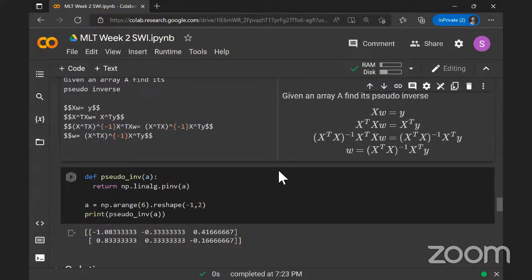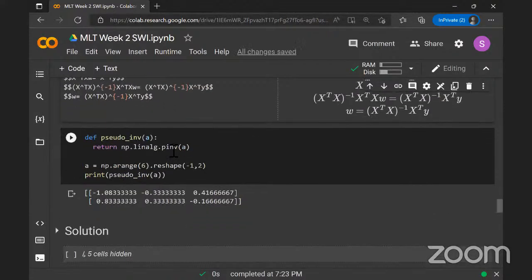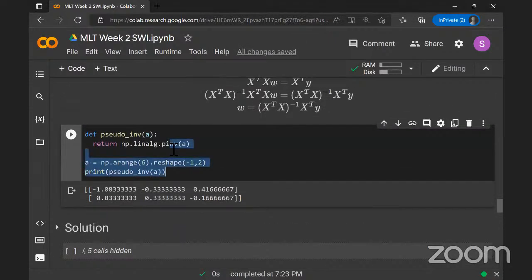And you get your weight vector W. So this is your pseudo inverse of any matrix X. Either you can compute it like this in the NumPy library: X transpose X, then take the inverse of it and then multiply it by X transpose, you are going to get the same answer. Or you can just call pinv, which stands for pseudo inverse.